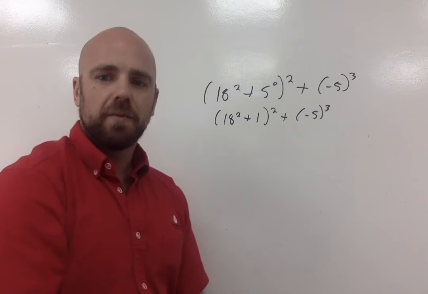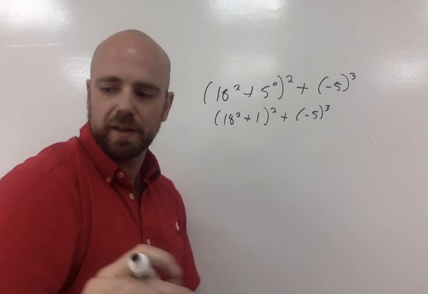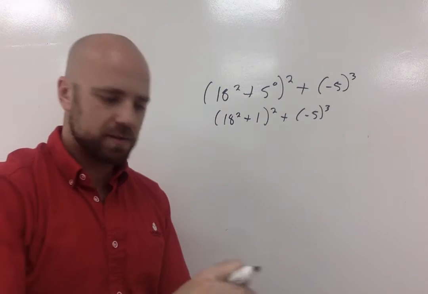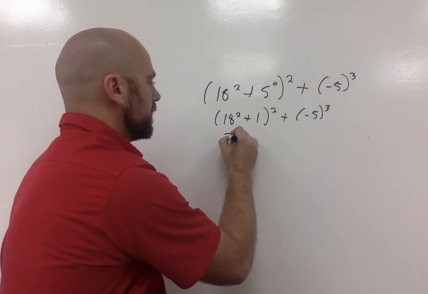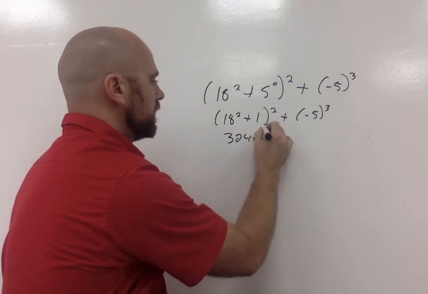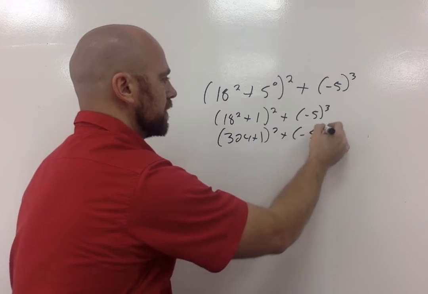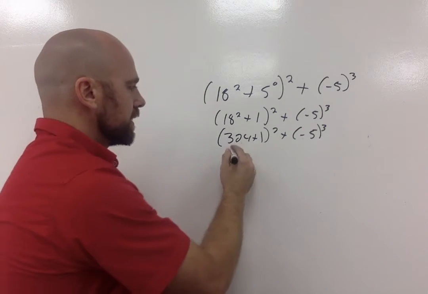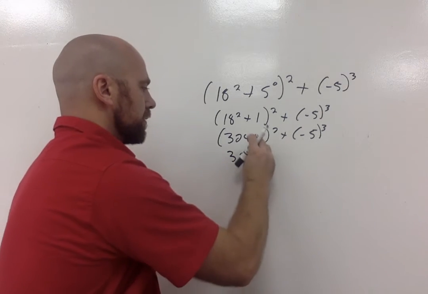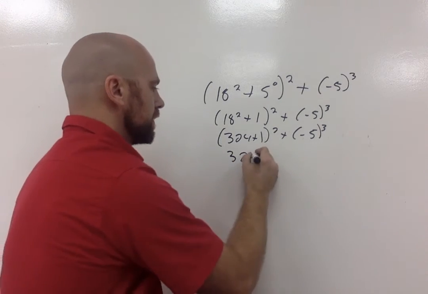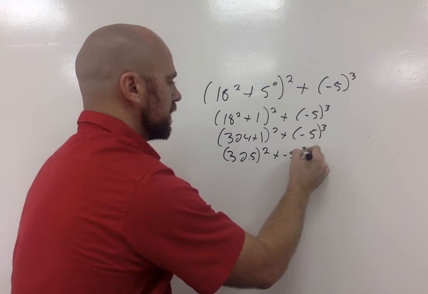When I do 18 squared, that's 18 times 18, so I get 324 plus 1 squared plus negative 5 cubed. Now this is going to give me 325 squared plus negative 5 cubed.